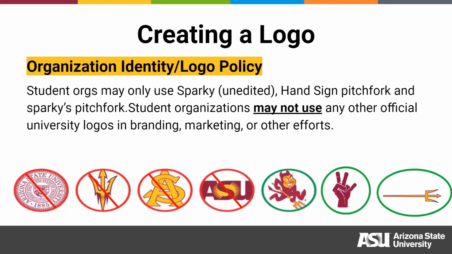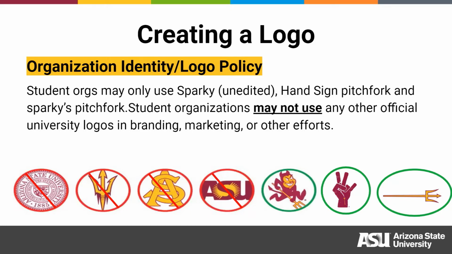Creating your logo. Student organizations have 3 options that you can add into your logo: Sparky, the pitchfork hand sign, and Sparky's pitchfork. But you're not allowed to use the sunburst, the seal, the sports ASU logo, or the sports pitchfork.